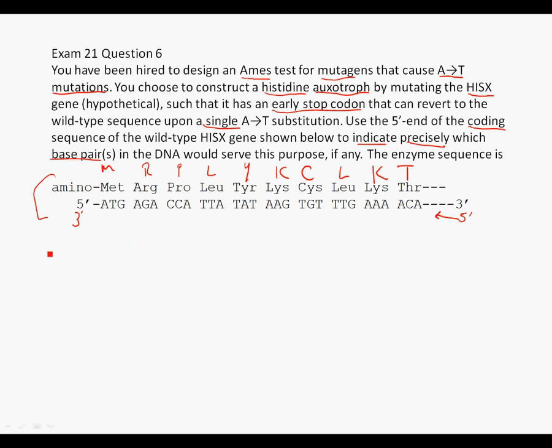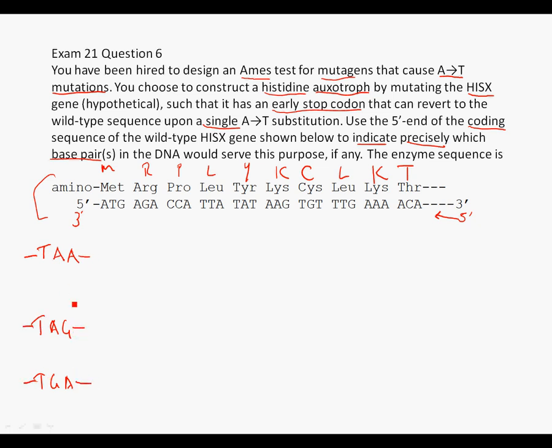What am I looking for? I'm looking for a stop codon. TAA would be fine, or TAG, or TGA. And notice those are all in the coding sequence.